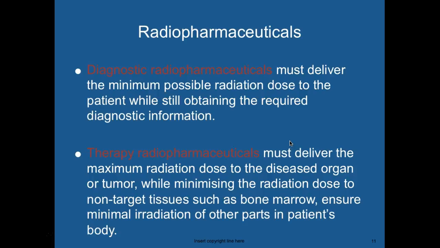They must deliver the minimum possible radiation dose to the patient while still obtaining the required diagnostic information, whereas therapy radiopharmaceuticals, it's a mouthful, must deliver the maximum radiation dose to the diseased organ or tumor, minimizing the radiation dose to the non-target tissue such as bone marrow to ensure minimum radiation of other parts of the body.